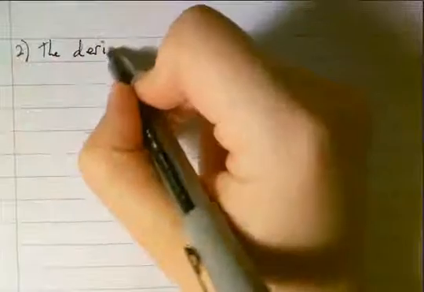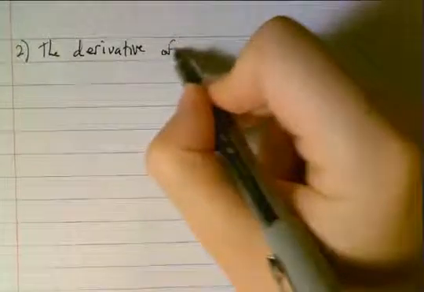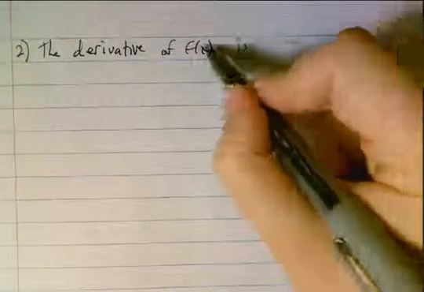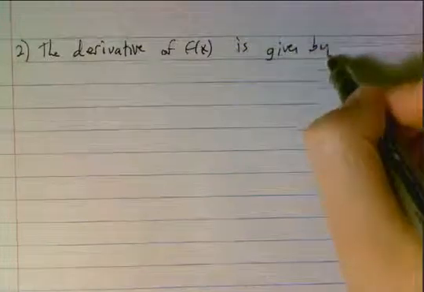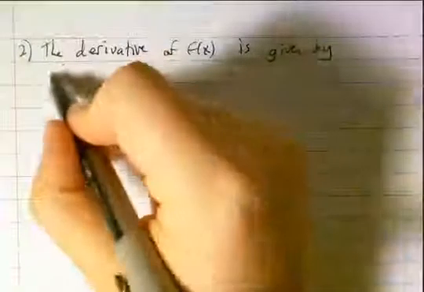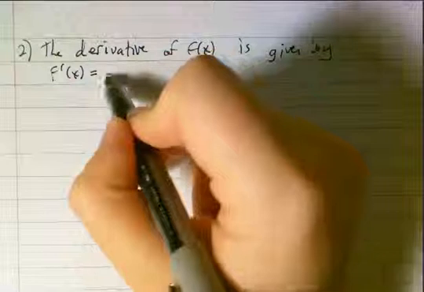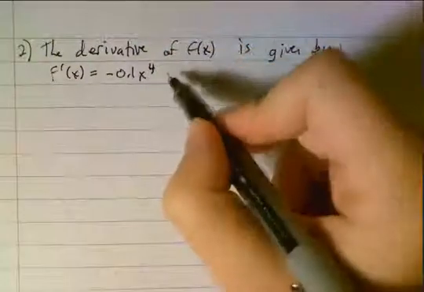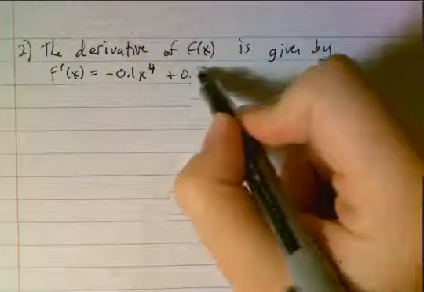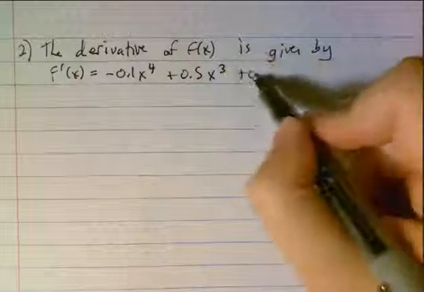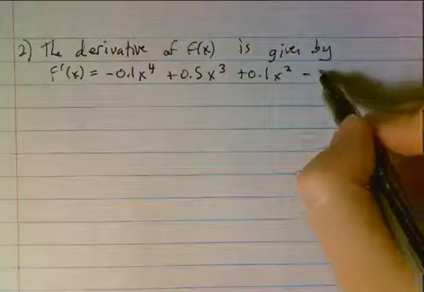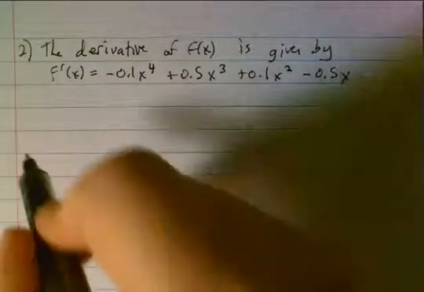For our second problem, the derivative of f of x is given by f prime of x equals negative 0.1 x to the fourth plus 0.5 x cubed plus 0.1 x squared minus 0.5 x.